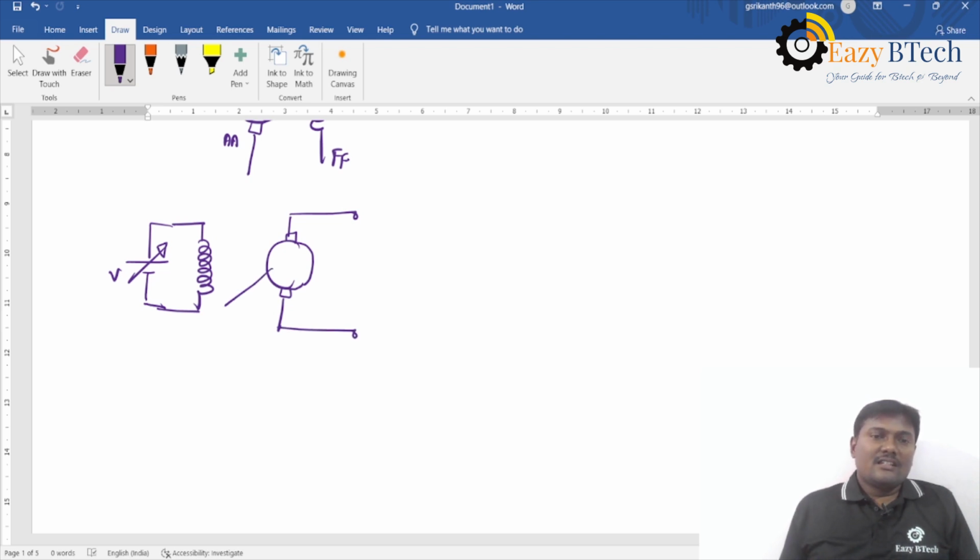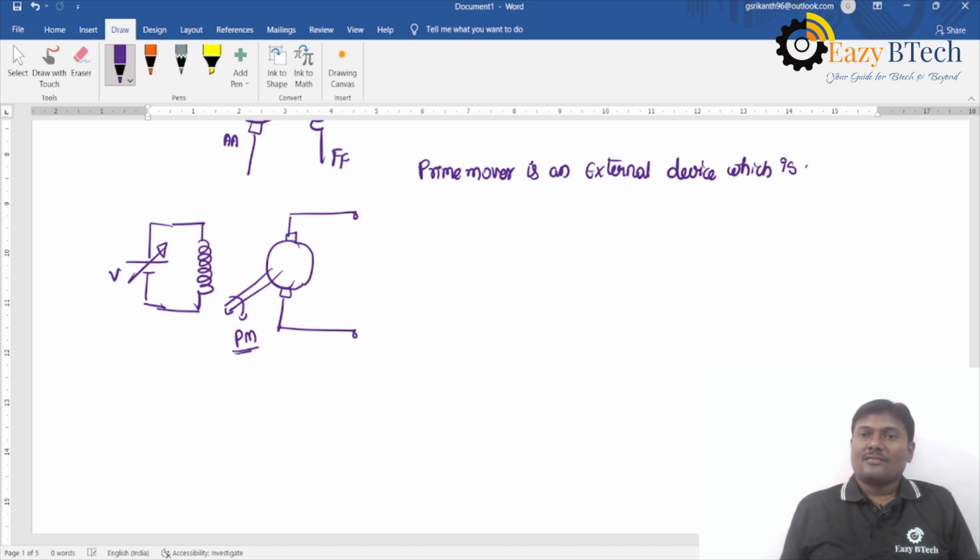The armature is driven with an external device. That device is called the prime mover. So the prime mover is an external device which is used to drive the armature.